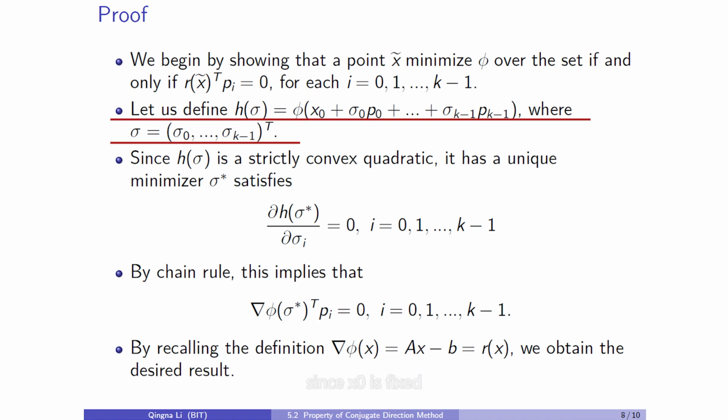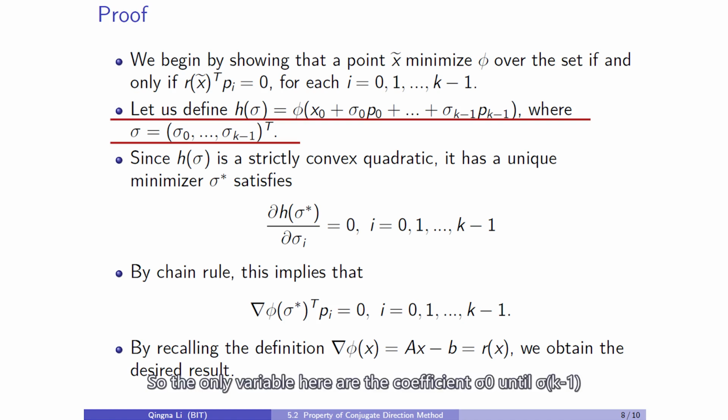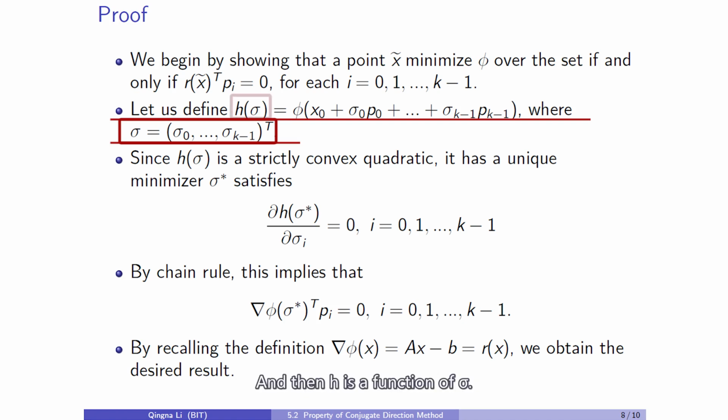Now, since x0 is fixed, and the search directions p0 until pk minus 1 are also fixed, the only variables here are the coefficients sigma 0 until sigma k minus 1. So we put them as a vector sigma, and then h is a function of sigma.